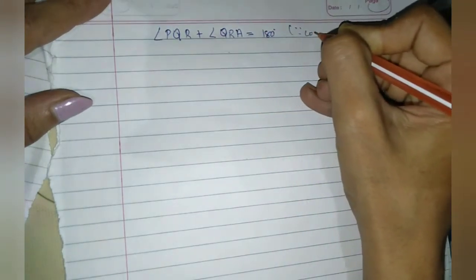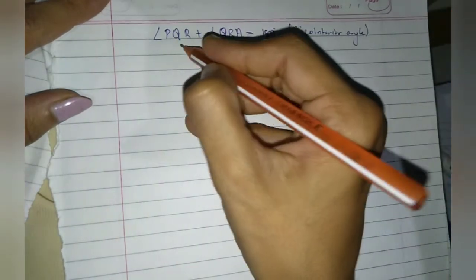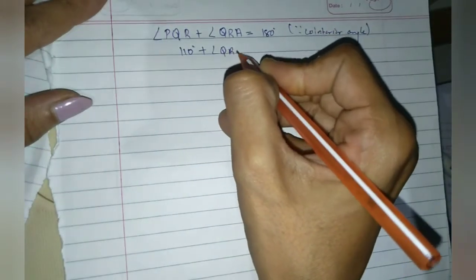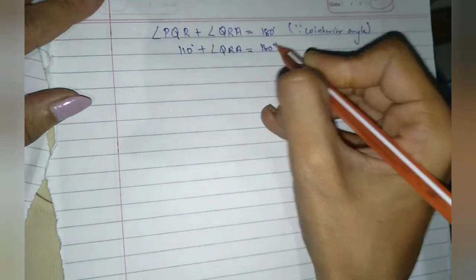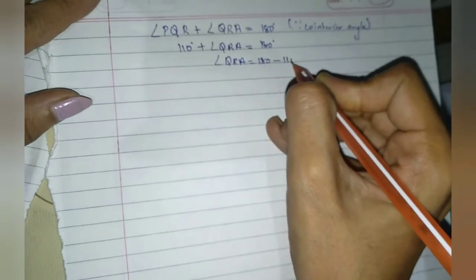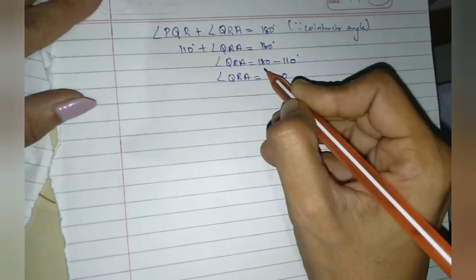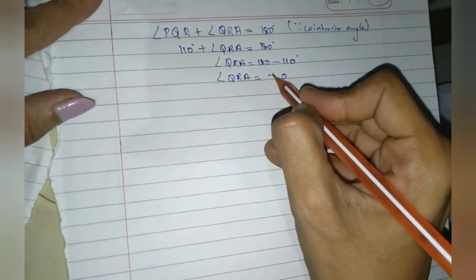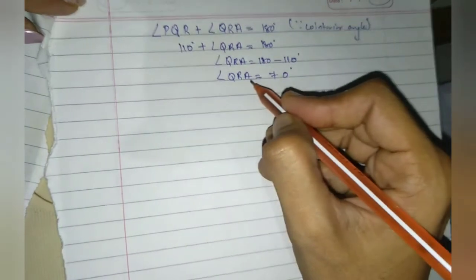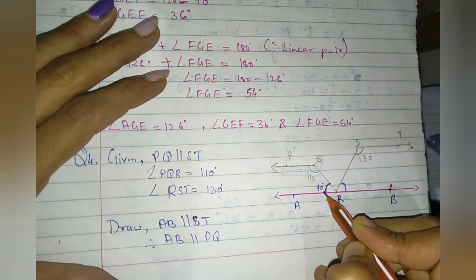Why? It is co-interior angle. Okay, if one angle we had given, which is 110, so we can find angle QRA equal to 180 minus 110. So angle QRA equal to 70. So I am writing here in the figure it is 70.